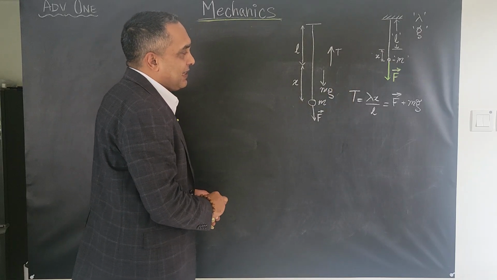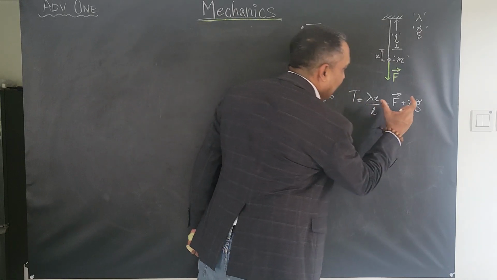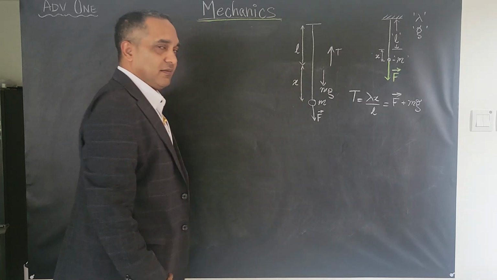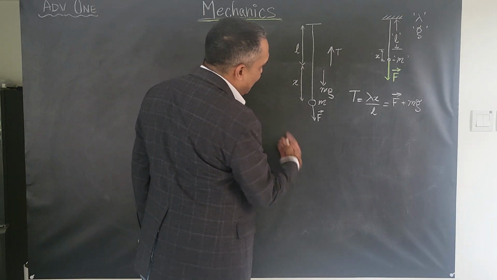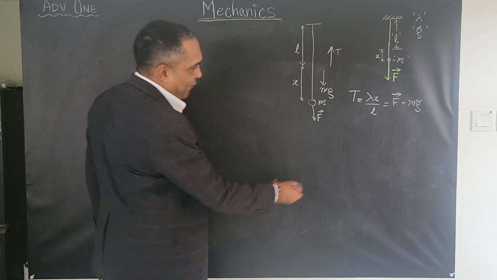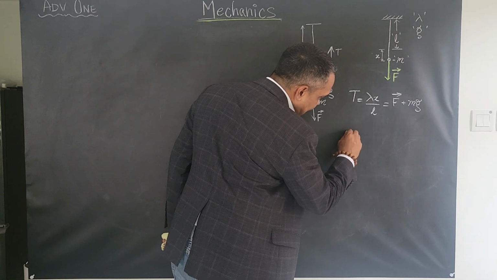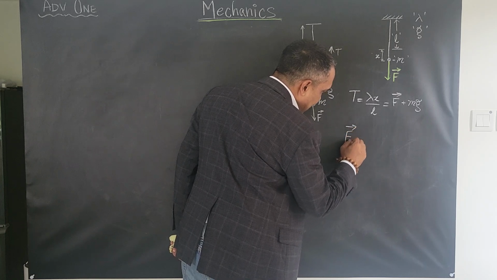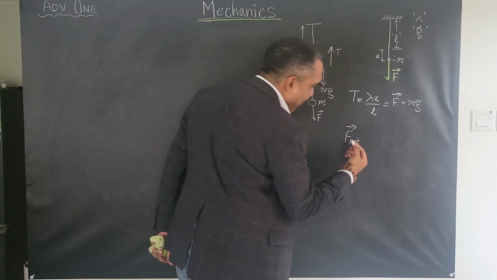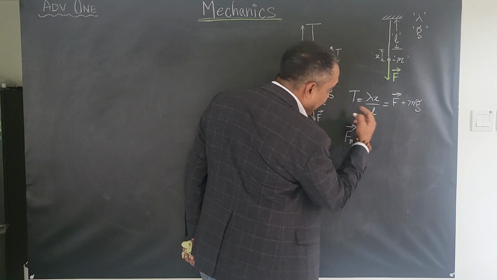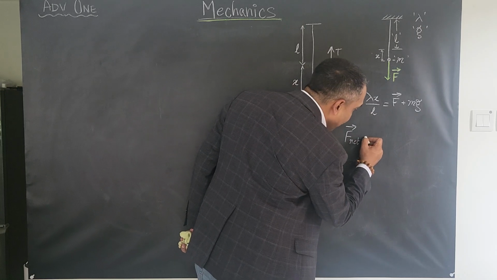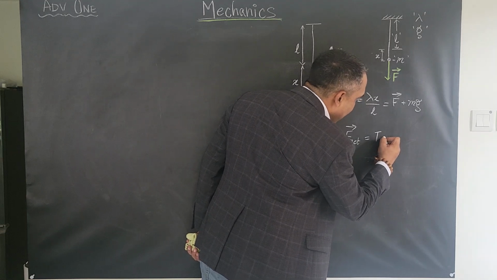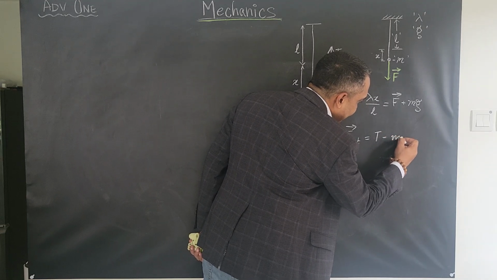What's going to happen? T is still that much, but the force in one direction is only mg now. So the net of forces is really the net force that the object experiences is really, think about it, the same as F, but I could write it as the tension that it experienced minus mg.